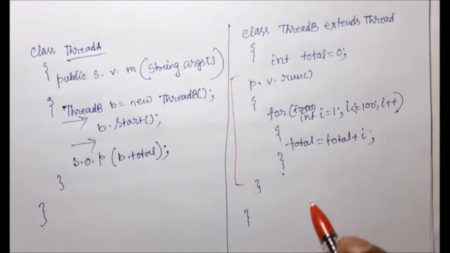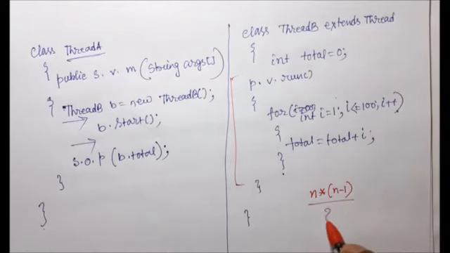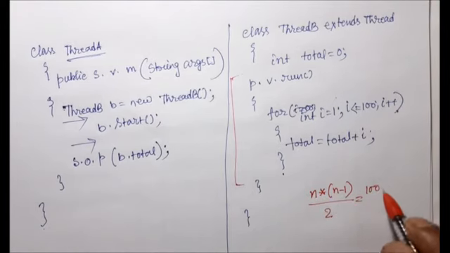What is the total value actually? If the number of terms is n, then the sum is n into n plus 1 by 2.